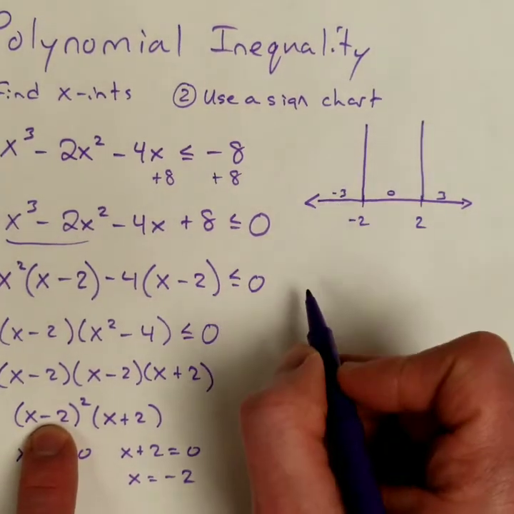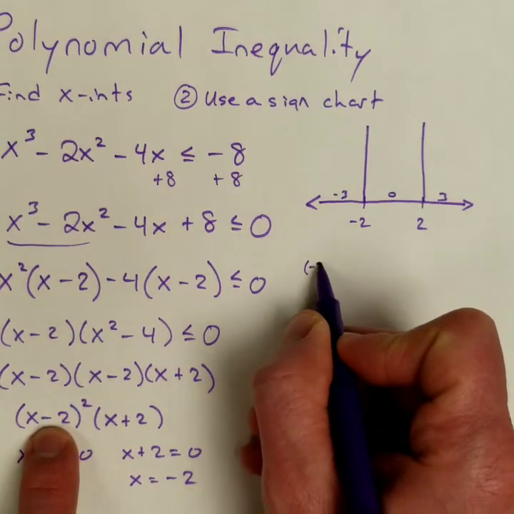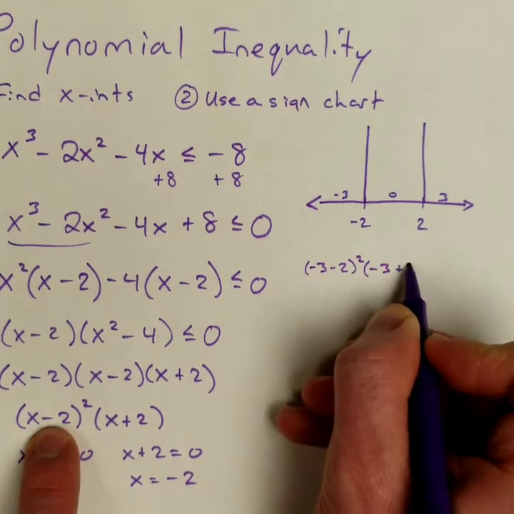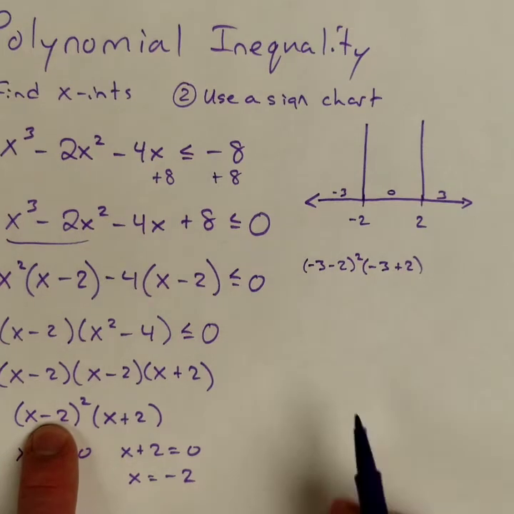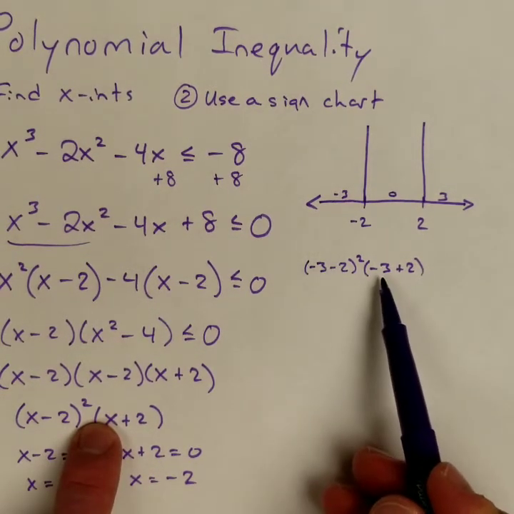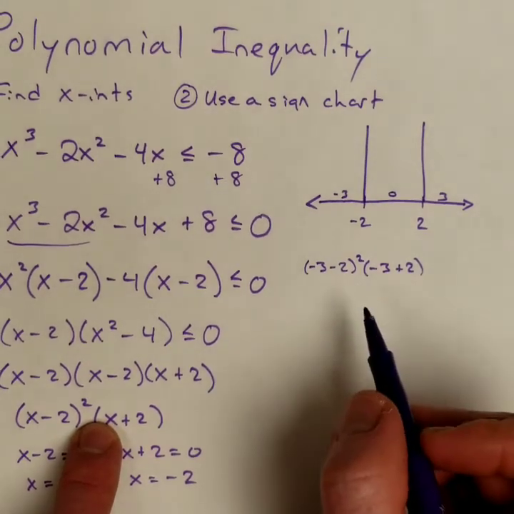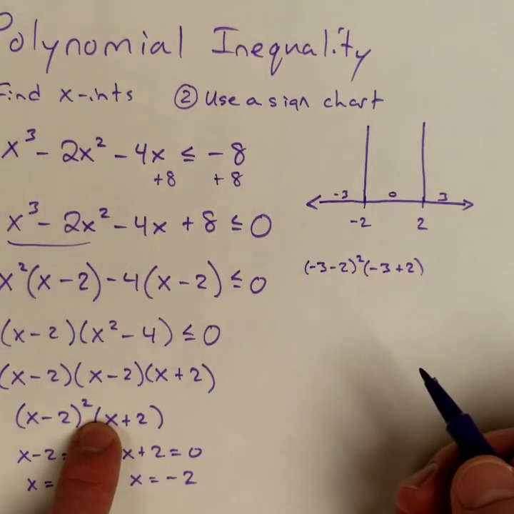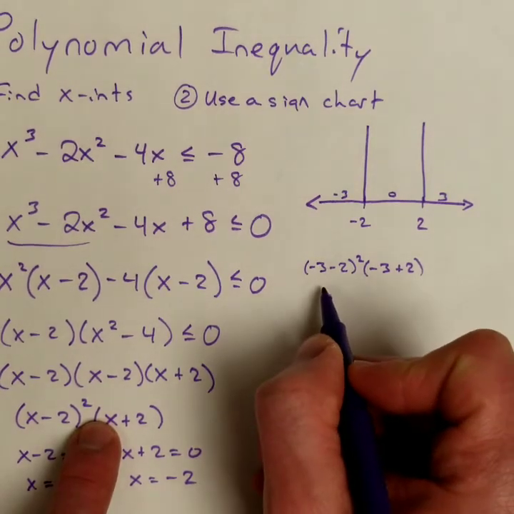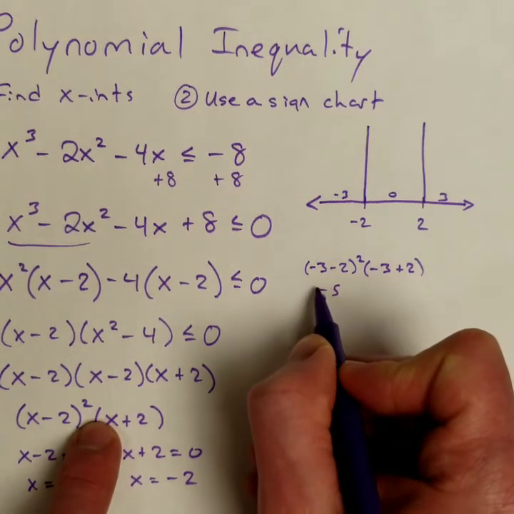So I'm going to go with negative 3 first. Negative 3 minus 2 squared times negative 3 plus 2. Both of these x's become negative 3. And so then we're going to solve. And really all I need to know is the sign of the answer, positive or negative. So this is going to be a negative 5.